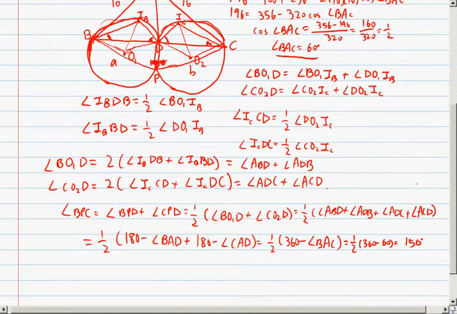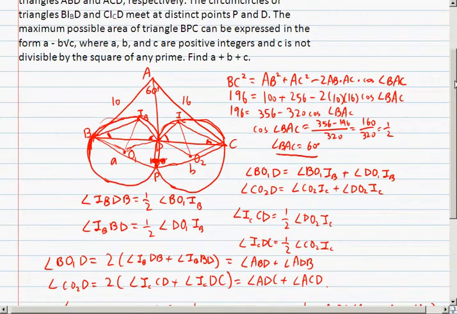Now, the next thing we want to do is let BP equal A and let CP equal B. The reason for this is because we want to form equations that we can use to find the maximum possible area of triangle BPC, which is one of our goals stated in the original problem statement.